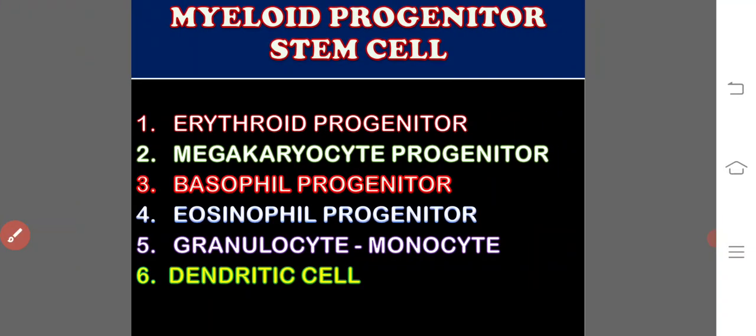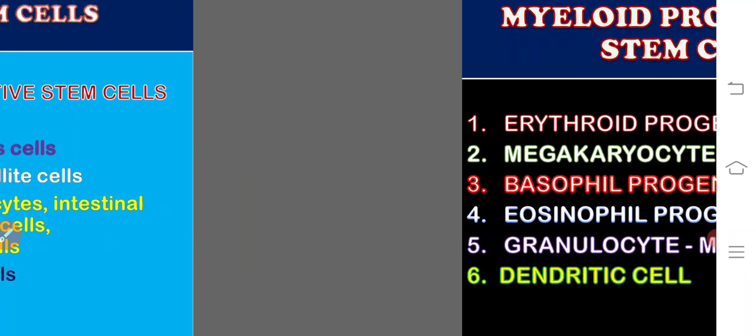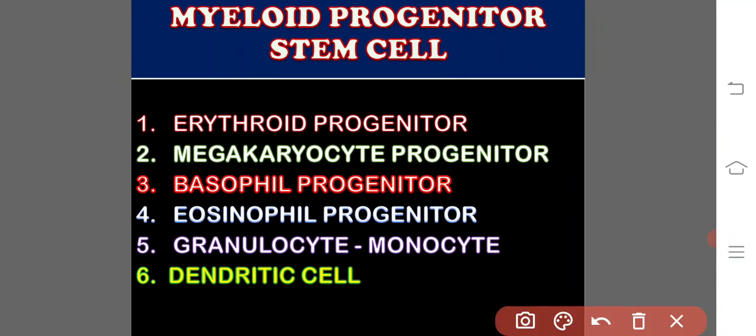Let us see the myeloid progenitor stem cell. These cells produce various types of unipotent stem cells like erythroid progenitor, megakaryocyte progenitor, basophil progenitor, eosinophil progenitor, granulocyte monocyte progenitor, and finally the dendritic cell.